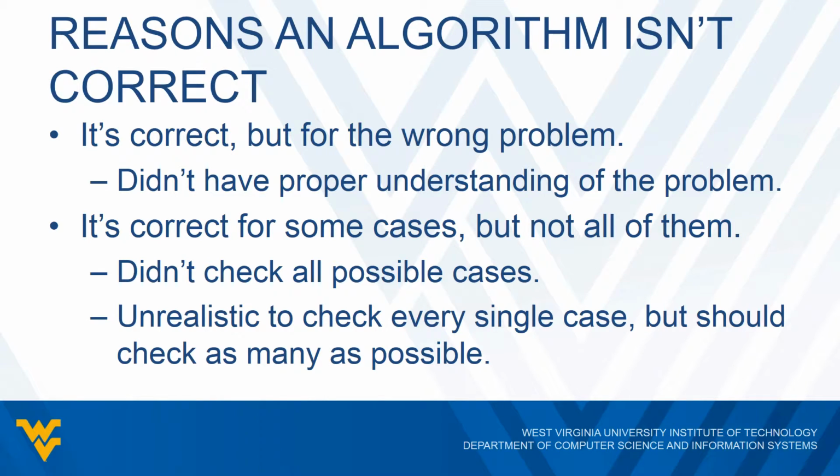No, it's unrealistic to check every single case, but there are some special cases that we should be able to consider, and there are ways that we can show and prove that our algorithm is correct for all cases, but we do want to make sure that we check as many special cases as possible to make sure that we're not missing something.